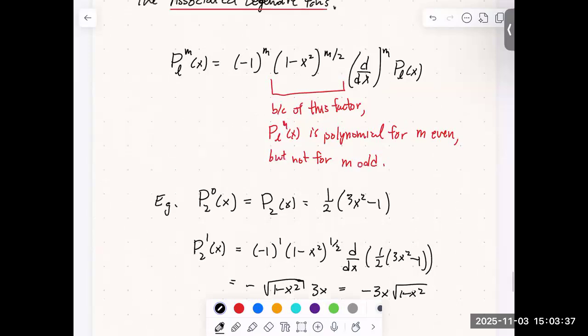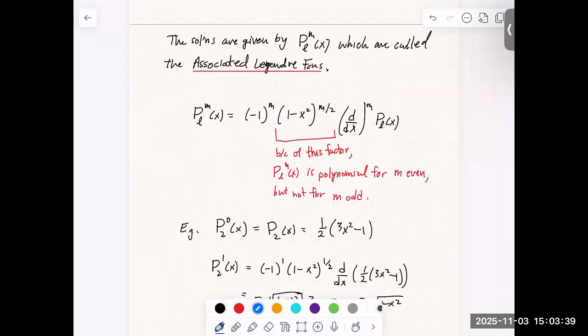So a couple things to note here is that this works only for m greater than or equal to 0. So m has to be positive, right? What does it mean to take the -1 derivative of some function? So this is only defined for m positive, but we said that m could be 0, plus or minus 1, plus or minus 2, plus or minus 3, and so on.